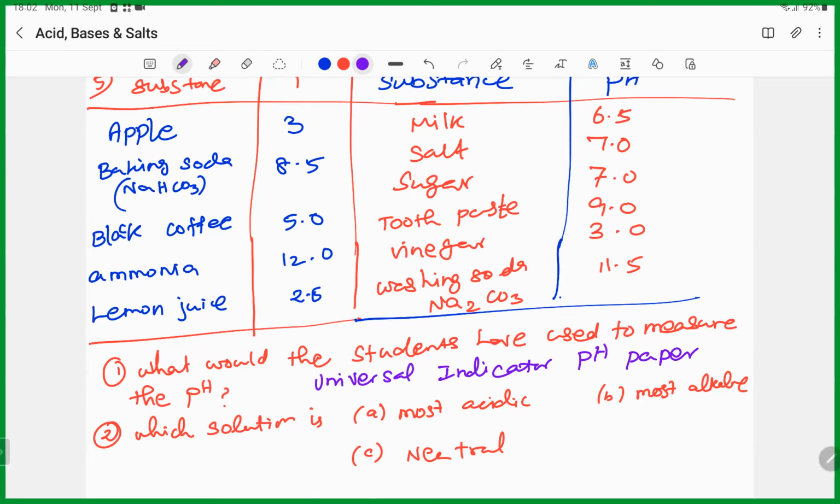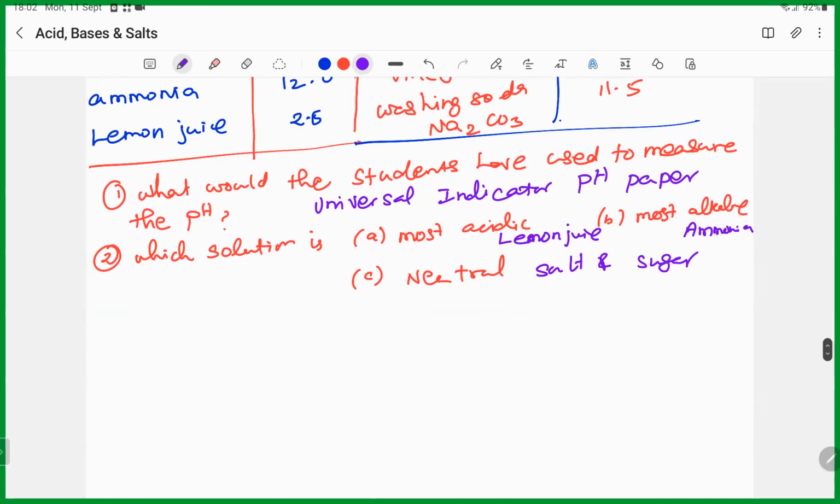So lemon juice. And most alkaline? Neutral? Your answer is right.